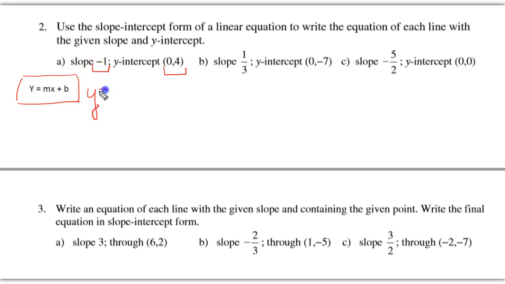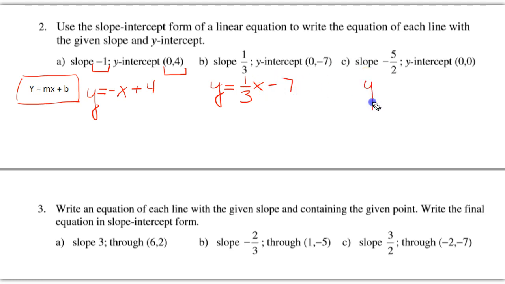Y equals, slope is a negative 1 that we don't write, x plus 4. Y equals 1/3 x minus 7.